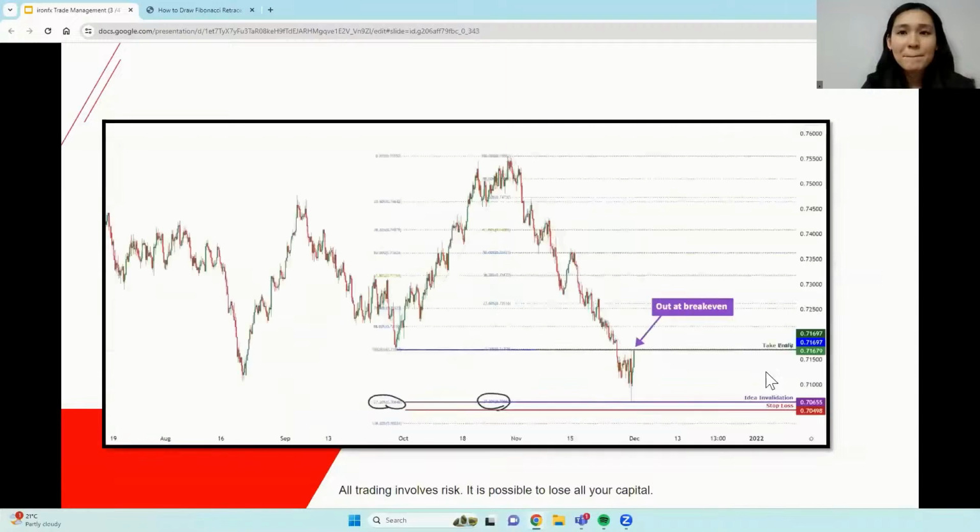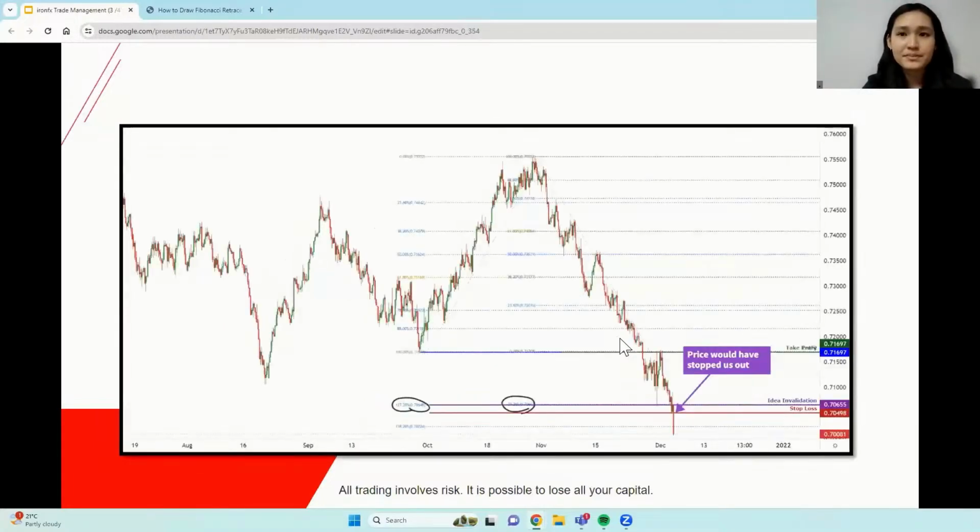And then once price has continued to rise from our idea invalidation level, it's rising to our take profit level or our original entry level, and we got out at break even. You can see if we had continued to place our take profit over here, we would have gotten stopped out.